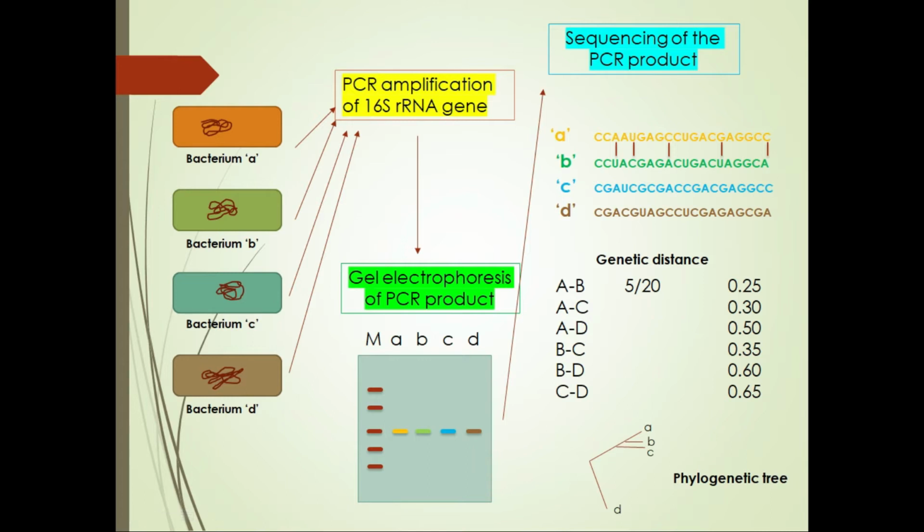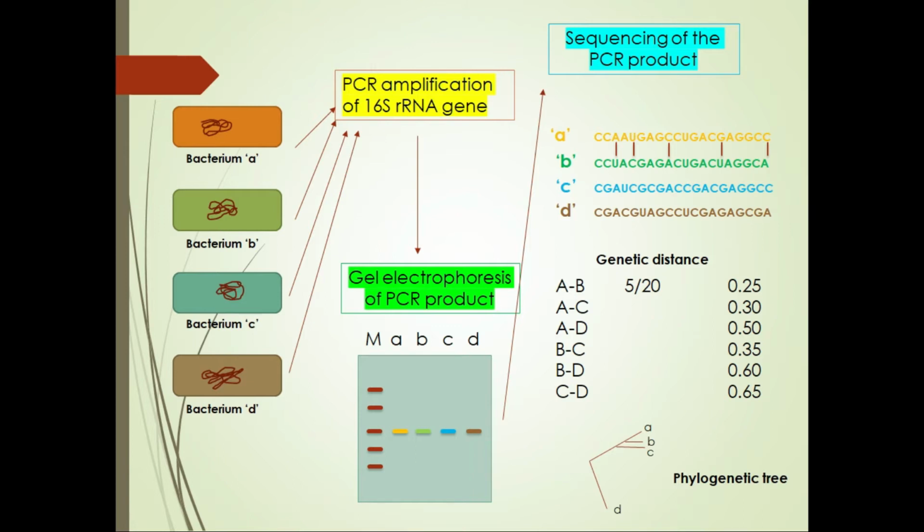So the sequence of A with the sequence of B has a mismatch at 5 locations. They are not the same, they are not identical. Therefore, there is a difference between A and B as far as the 16S ribosomal RNA gene is concerned.